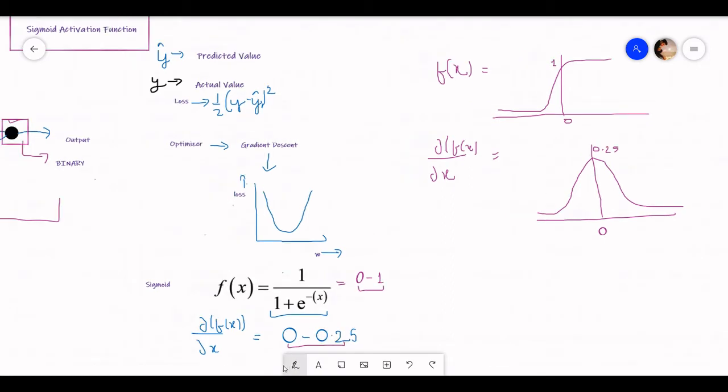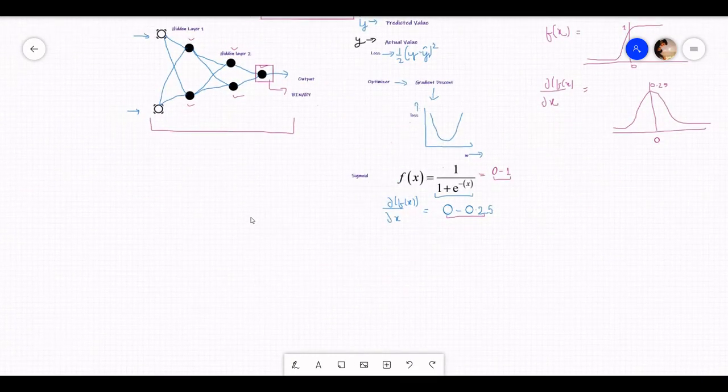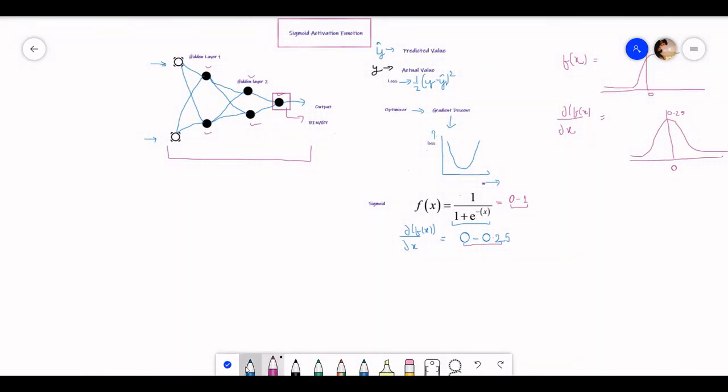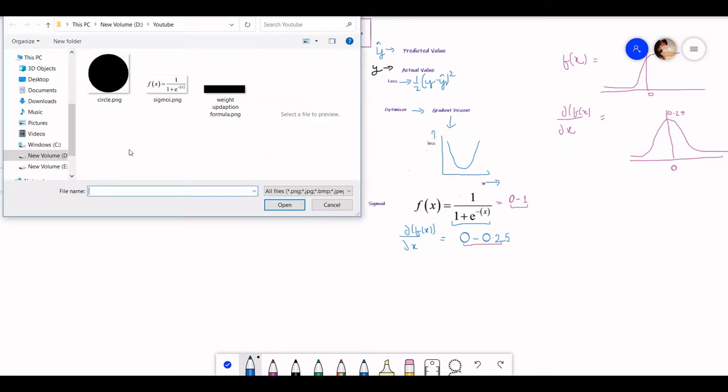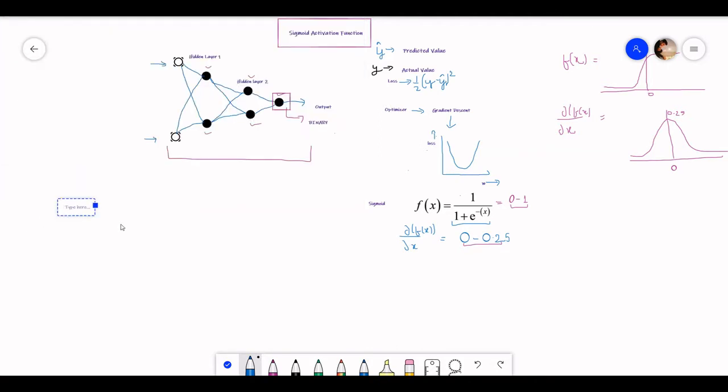Now let's see how it works in our neural network and what the problem is. As we know, in forward propagation we have to use a formula: weight multiplied by feature value plus bias.